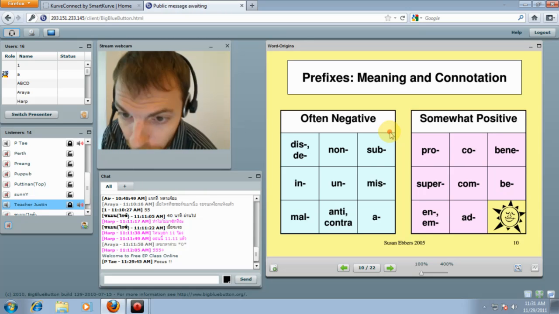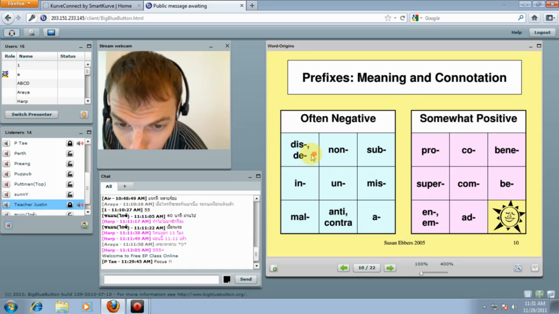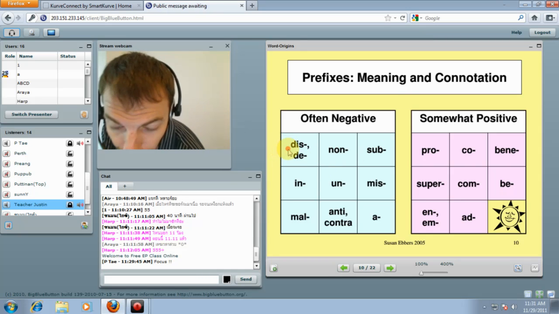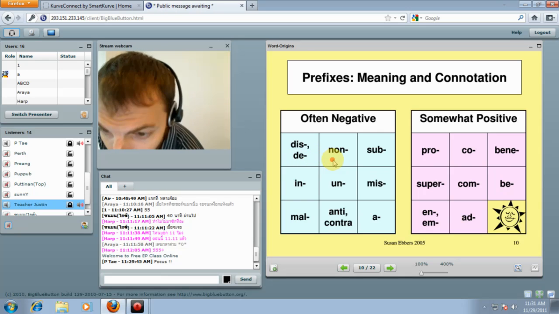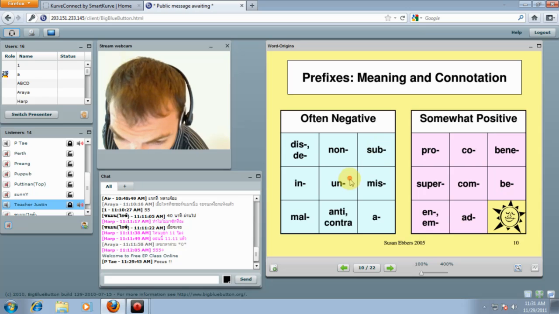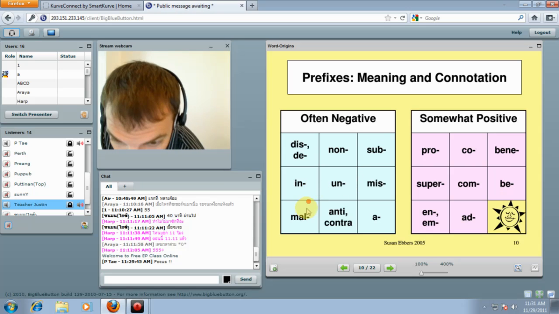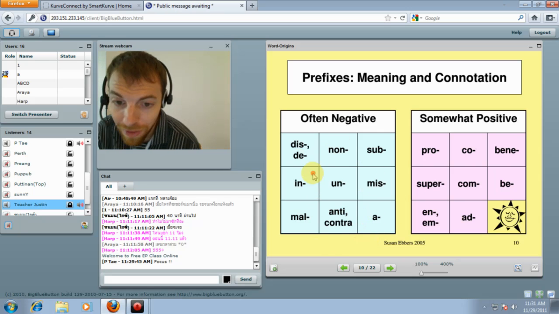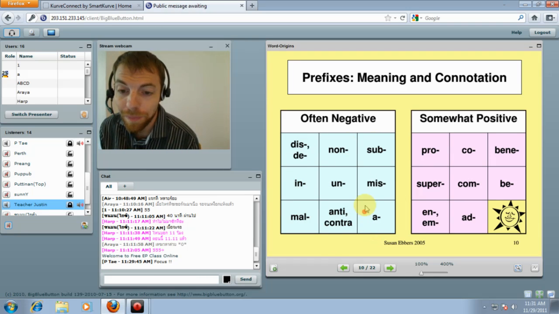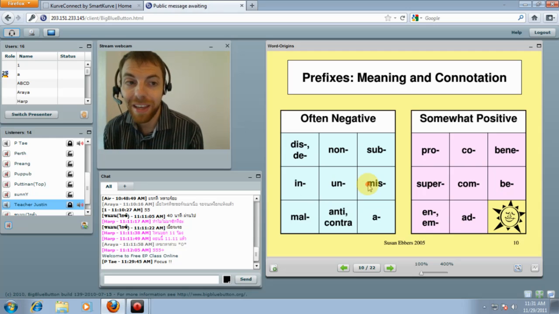Okay, so here are some negative ones. Words that start with dis, or de, or non, or sub, or un, or in, or mal, or a. Any word that starts with this, it's going to be a negative word.